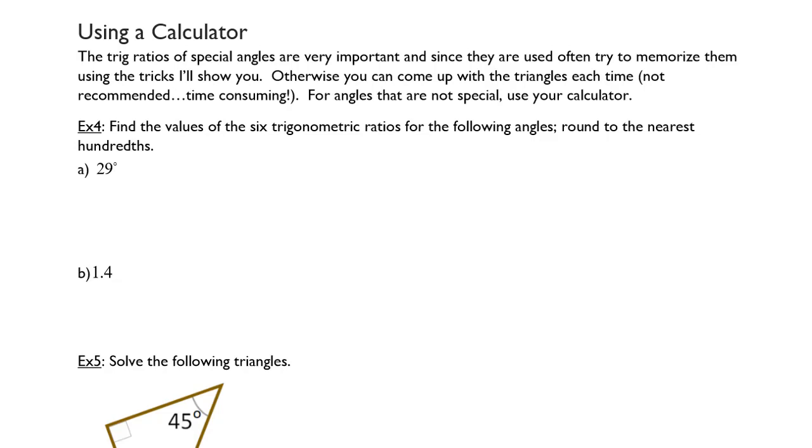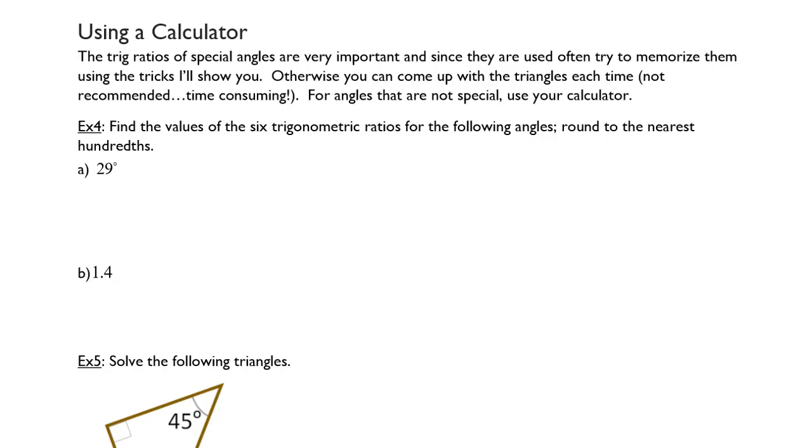So the right triangle ratios of special angles are very important, and since they're used often to try and calculate things, you should probably memorize them using the tricks I'll show you as we move through the quarter. Otherwise, you can come up with triangles each time, and although it works, it's not recommended because it is so time consuming.